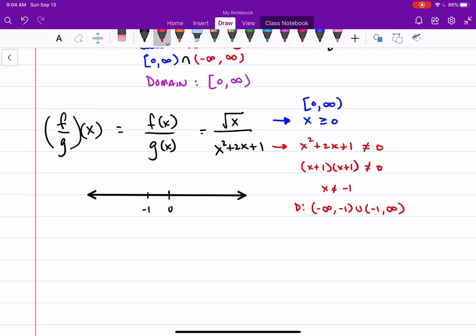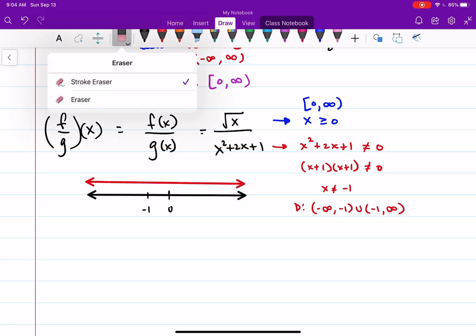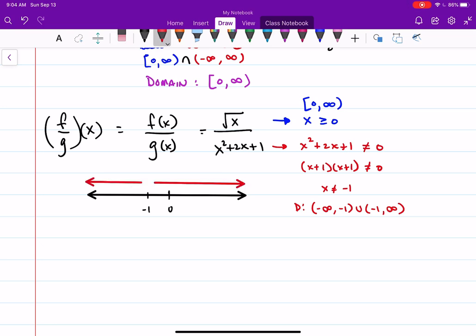So what's going to happen is the red is going to look something like this. Now, I have not done yet. There's an open circle at negative 1, but it can be anything else.